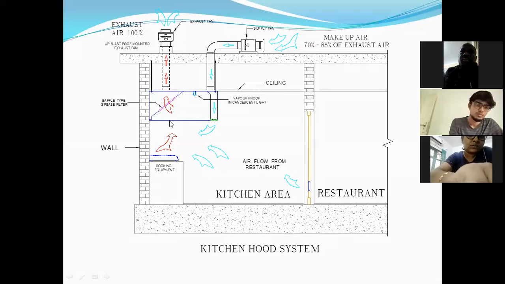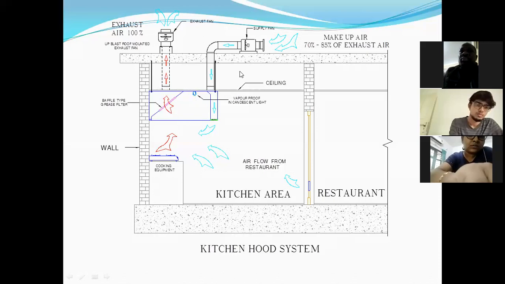Now, the fumes enter the kitchen hood, and through the duct they are exhausted. So it will be mounted on the roof somewhere. Okay. So you are exhausting 100% of exhaust air through this kitchen hood.